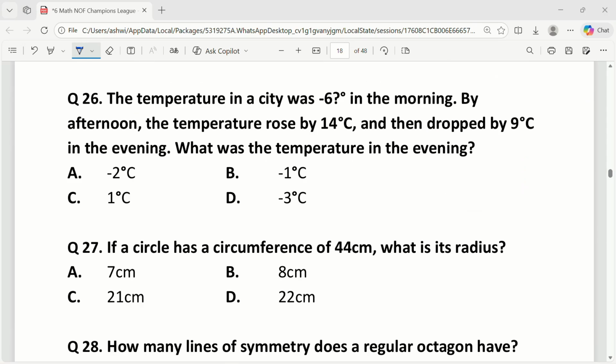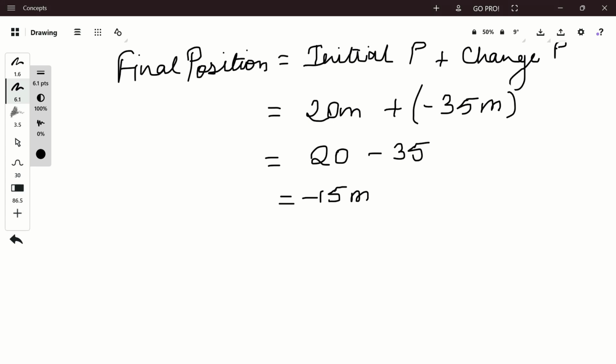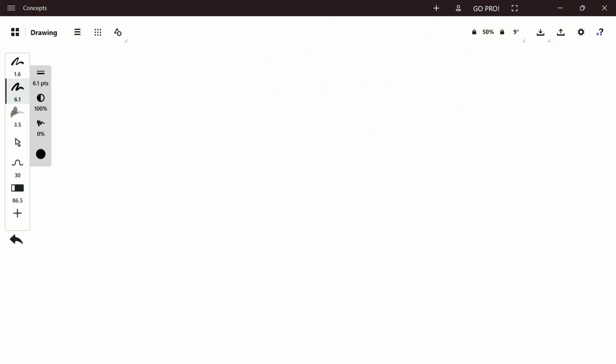Question 26. The temperature in a city was minus 6 degrees in the morning. By the afternoon, the temperature rose by 14 degrees Celsius, then dropped by 9 degrees Celsius in the evening. What is the temperature in the evening? The initial temperature was minus 6 degrees and it rose by 14 degrees.